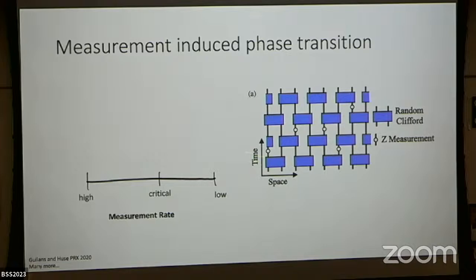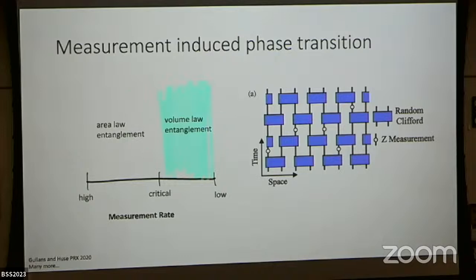At each time step, you either do your random Clifford entangling gates, or with some probability, you measure each qubit. You can change this probability of measurement in each time step. Depending on that measurement rate, if you have lots of measurements, you end up in an area law entangled state, whereas if your measurement rate is low, then you can keep volume law entanglement.